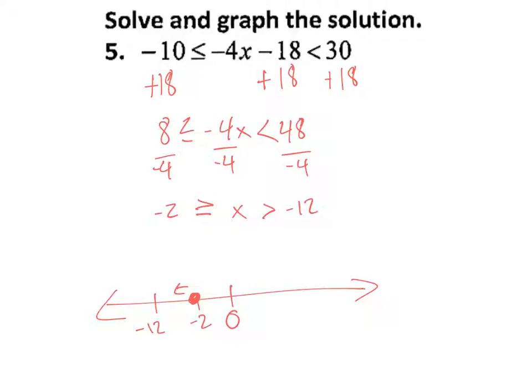X is greater than -12. How would I show that on the graph? Okay, and is it an open or solid circle? Open. Okay. All right, any questions on that one?